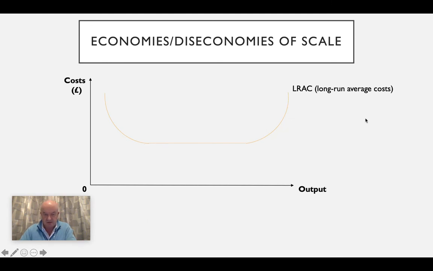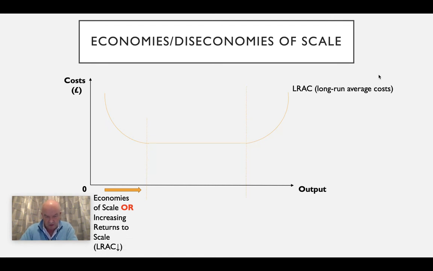Now in this instance, if we then add some more points at which we can explain this in a bit more detail, by increasing the level of output, we are starting to achieve economies of scale, or we're increasing our returns to scale, where our long run average cost has moved from this point here downwards to a point where we're starting to achieve economies of scale by, and again we'll look at both internal and external ways in which we can reduce the overall costs of our business and the long run average cost.